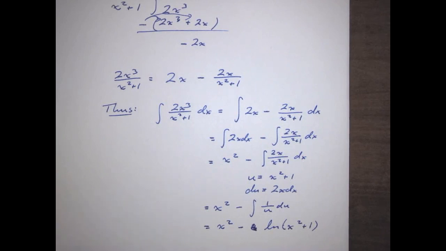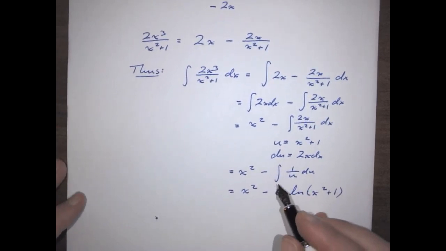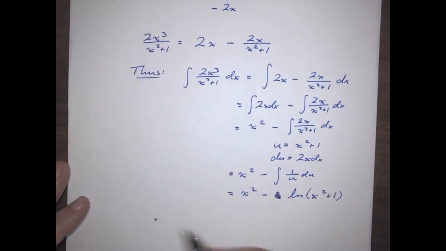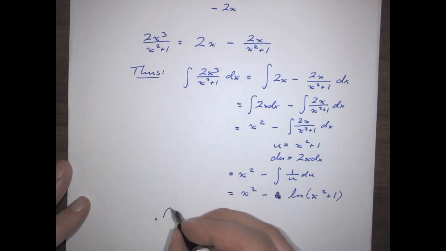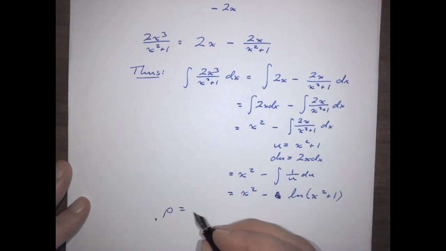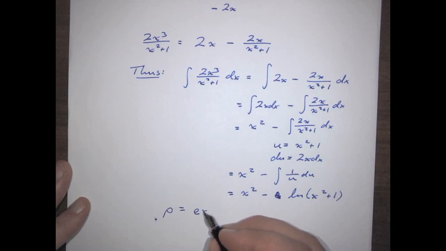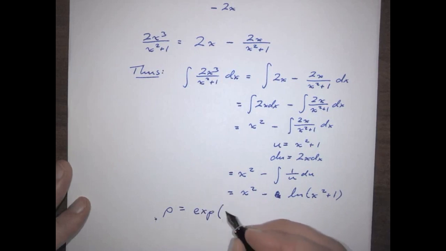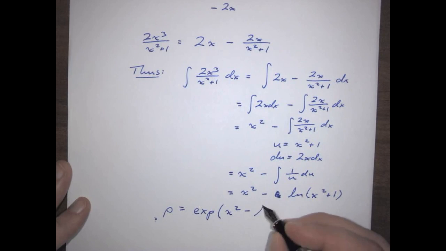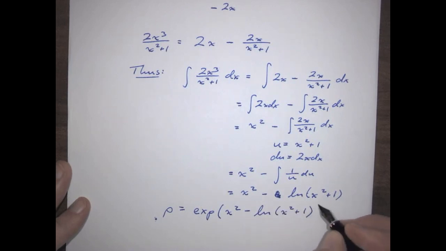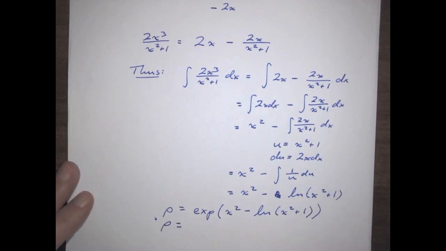Alright, well then what that's going to make for us on the original problem, the problem that we started with, we now have an integrating factor of exp of x squared minus the natural log of x squared plus 1. But exp, remember, is just a shorthand for the exponential function e to the x.